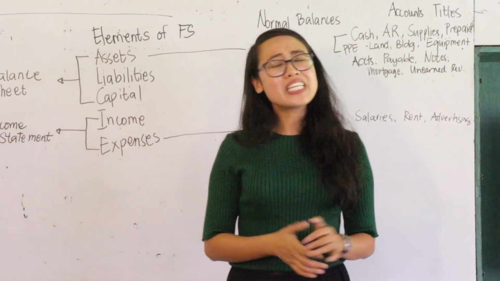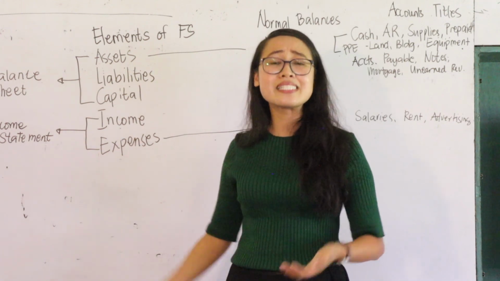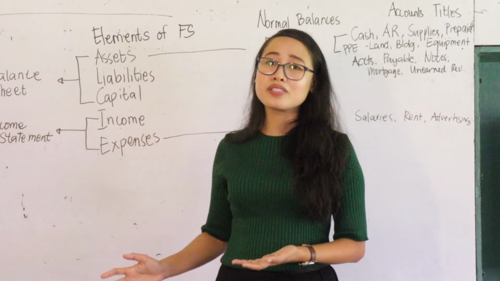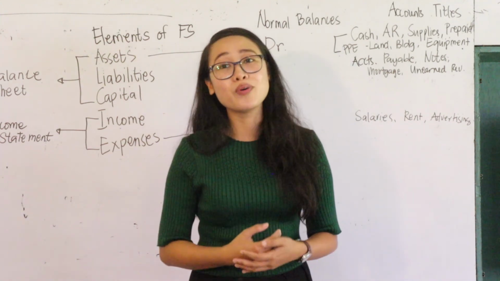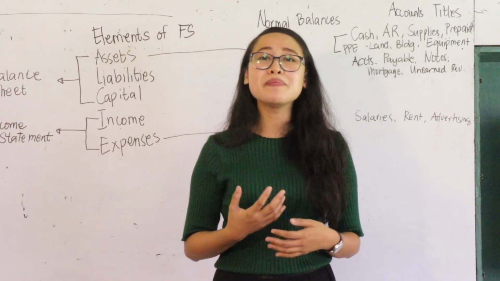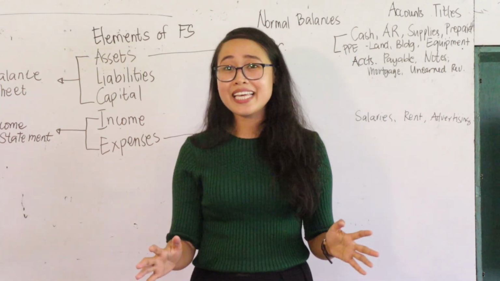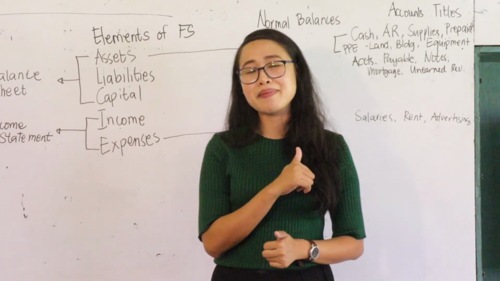Actually, it's very easy. We have the same elements, same normal balances, same examples of account titles, same statements, only that we will add more. In merchandising, we will be learning new account titles. I have already introduced that to you last semester.